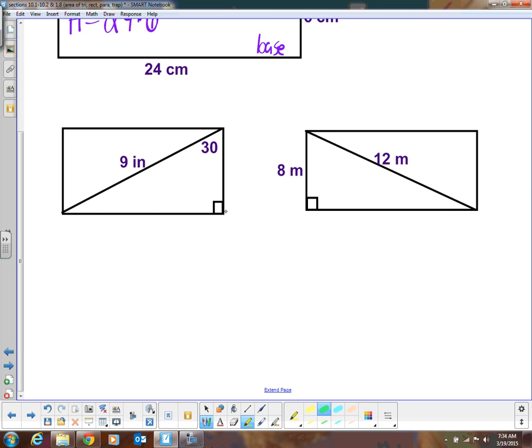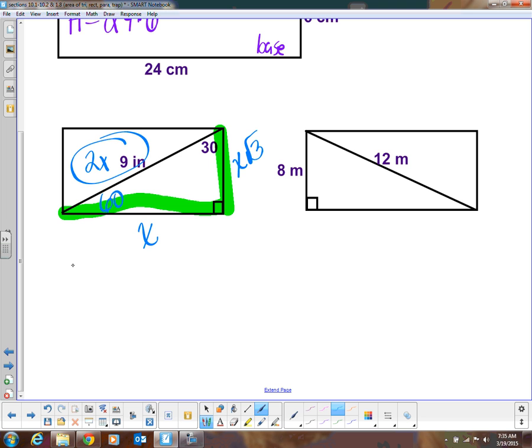Well, it's going to be occurring at the right angle. So we know that that is the base and this is the height. Do I know either one of those? 30 for 30, 60, 90. Opposite 30 is, opposite 60 is, opposite 90 is, and what equation do we write? 2x equals what? 9. What does x equal?